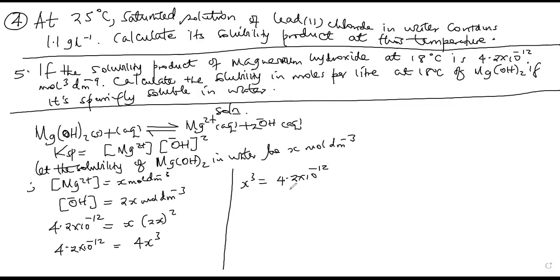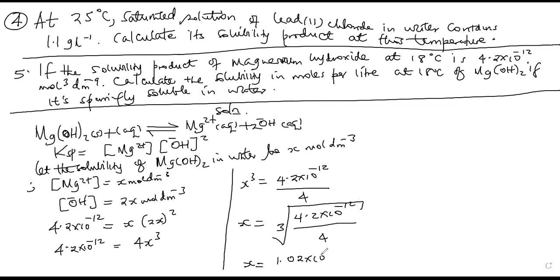So here you can really see that X cubed is 4.2 exponent negative 12 over 4, giving you X as the cube root of 4.2 exponent negative 12 over 4. And this will give us the value of X as 1.02 exponent negative 4.